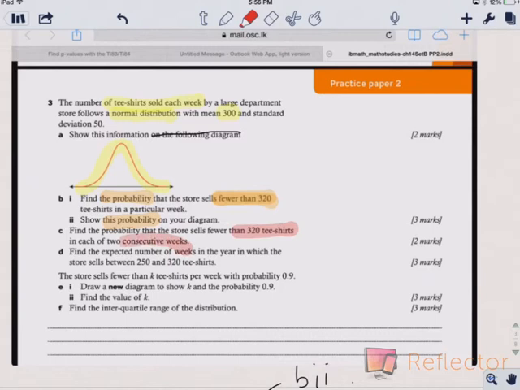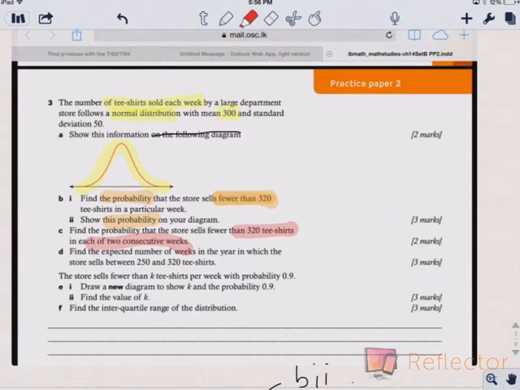Now, this is like a compound probability problem in the context of normal distribution. So the first question we have to ask ourselves is, are these events independent or dependent? Dependent means like drawing cards from a deck where you would not replace the card. That's going to affect the second drawing of a card.